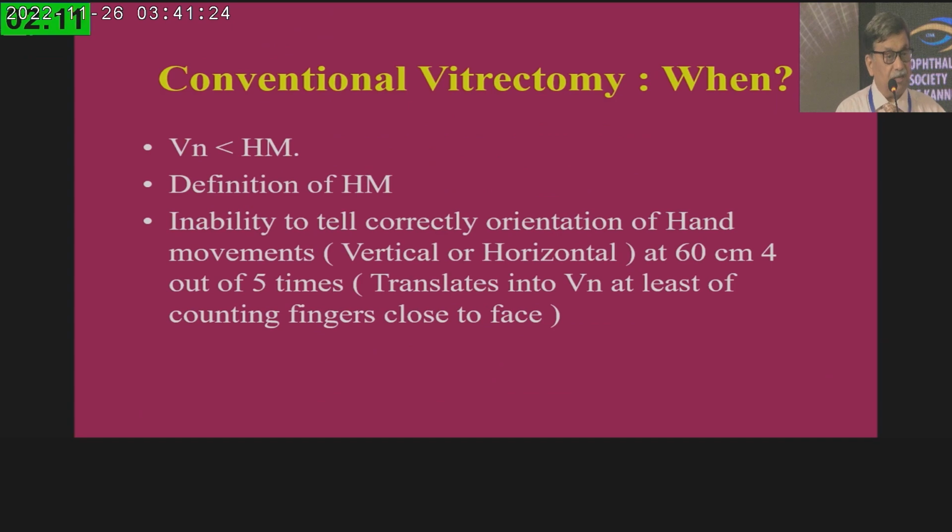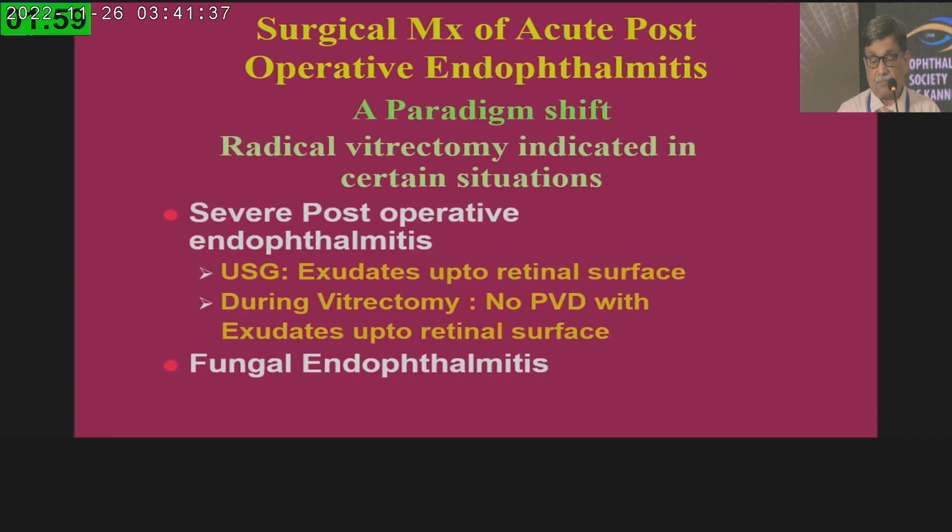Frankly speaking, this translates into a vision of at least counting fingers close to face, and most of us would end up giving an intravitreal at that stage when actually the patient, even by the EVS, requires a vitrectomy.